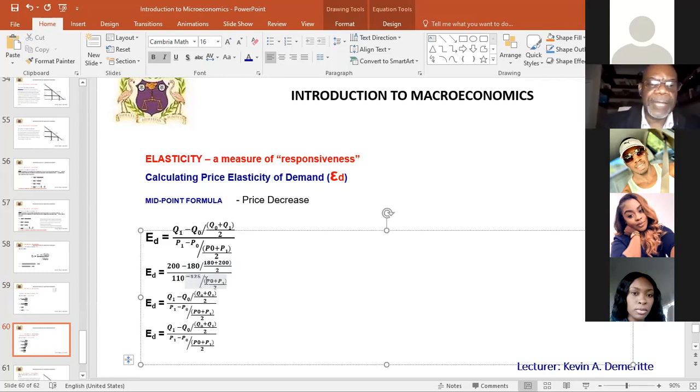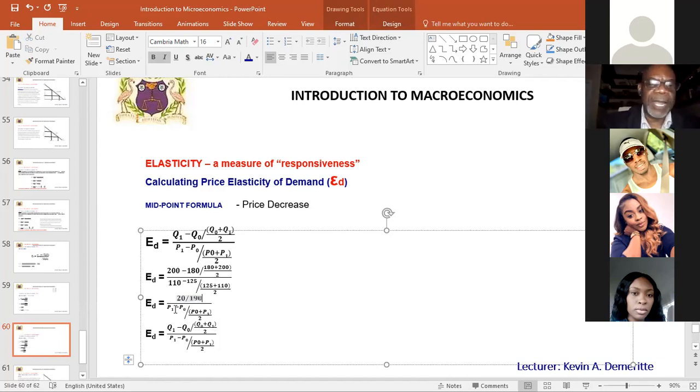So we end up with now 125 plus 110 divided by 2. Okay, so what's 200 minus 180? Positive 20, right? And 180 plus 200 divided by 2, 190?